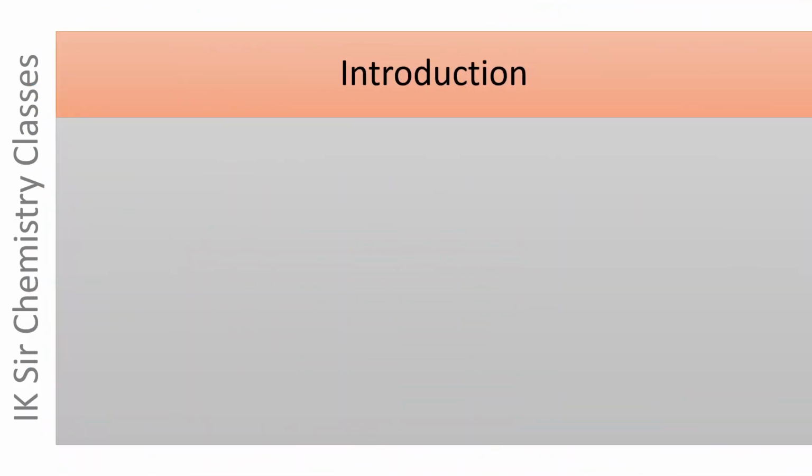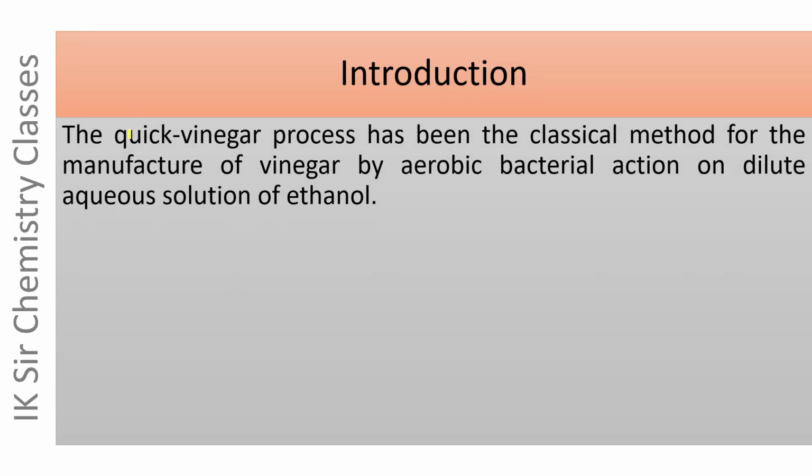First of all, let us introduce the subject. The quick-vinegar process has been the classical method for the manufacture of vinegar by aerobic bacterial action on the dilute aqueous solution of ethanol.